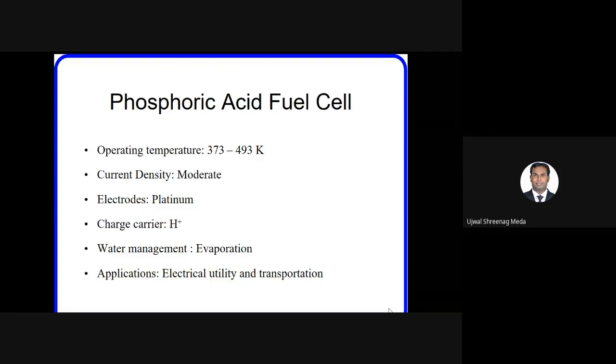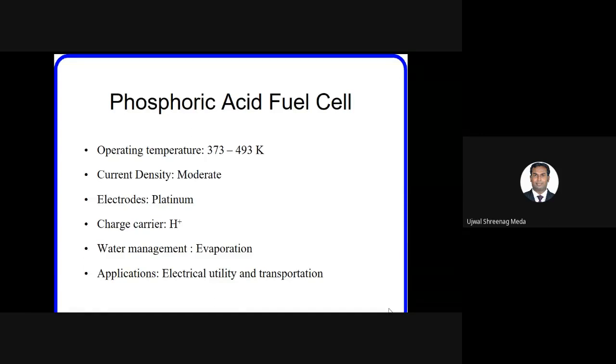If you want to classify based on the operating temperature, then the current density is moderate. If you want to compare these two parameters with alkaline fuel cell, the operating temperature was less than 100 degrees centigrade, close to room temperature. So that's why it was a low temperature fuel cell. Here it is 100 to around 200, 220. Because of that reason, it's a medium temperature fuel cell, and current density, it was high in alkaline fuel cell.